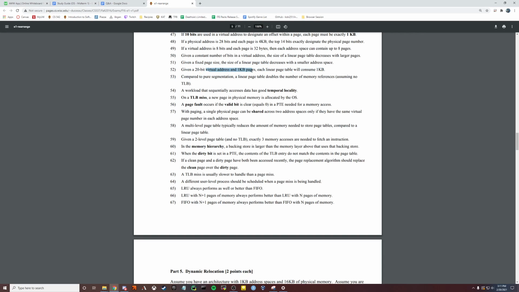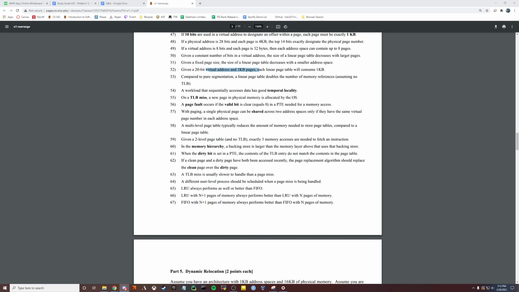52, given a 20-bit virtual address and 1 kilobyte pages, each linear page table will consume 1 kilobyte. So it's 2 to the virtual address bits, which is 20, minus log base 2 of 1024, so 2 to the 10.